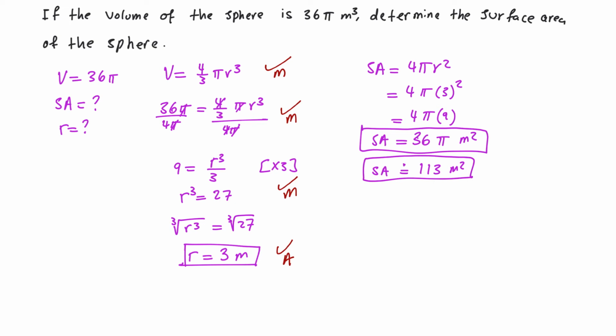And once you have that r value, plugging it into the equation, making sure that the numbers are correctly plugged in, and finally getting a final answer either as an exact value, which is 36 pi, or an approximation.